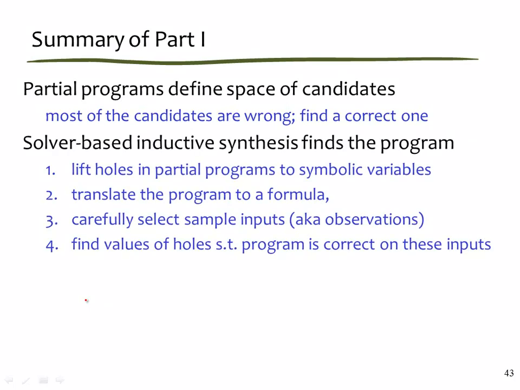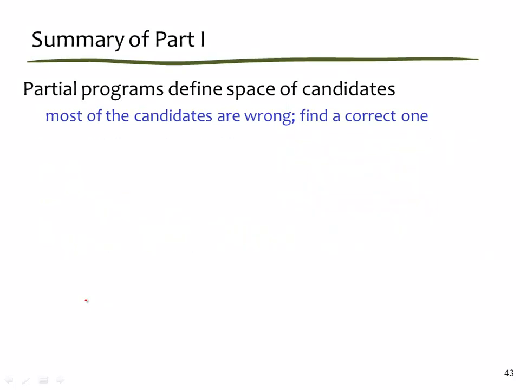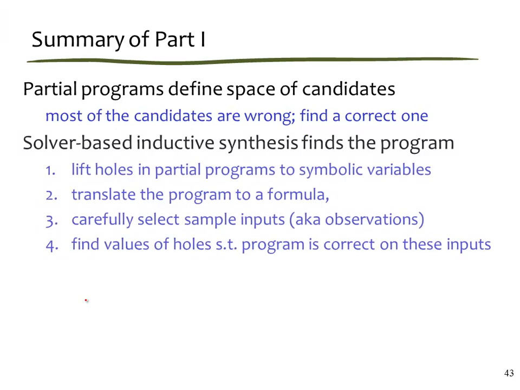I want to summarize the first part. So what do we know? That partial programs define the space of candidates. Most of them are wrong, so we need to find one. And we pose the search symbolically by lifting holes into essentially arguments of the program, translating the functional program into a formula, finding concrete inputs that make it more efficient, also known as observations in the inductive synthesis setting.